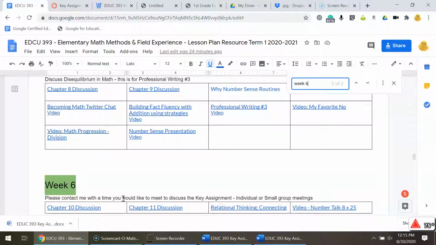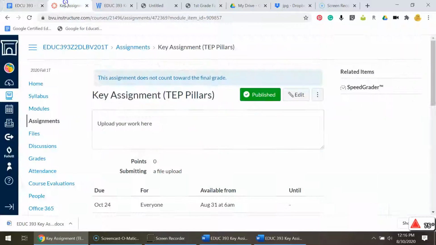I don't feel that everyone would be at the same place to discuss the key assignment during class. I'll be more than happy to go over it briefly during class, but I think it works so much better if we work on it in small or individual meetings, just so we get that one-on-one and it answers your questions more clearly. So once again, this is the key assignment.